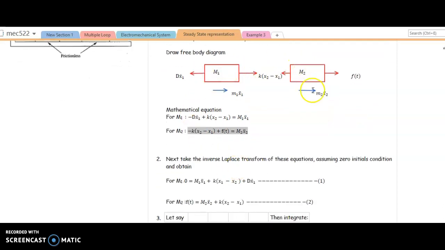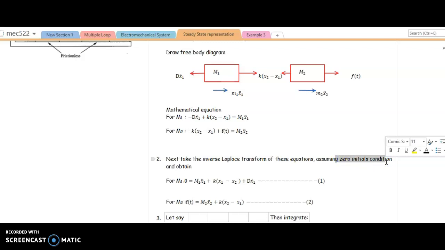After dah dapat mathematical equation ni, apa yang perlu buat ialah, sebab kita nak dapatkan dalam x dot, kena buat taking inverse Laplace kat sini, and assume zero initial condition. Itu dia punya syarat dia.